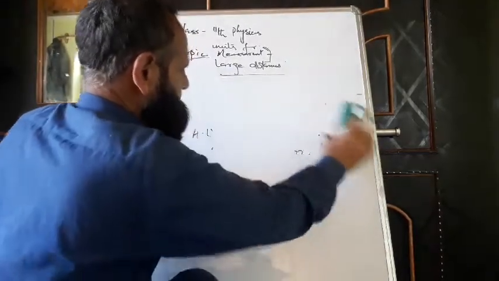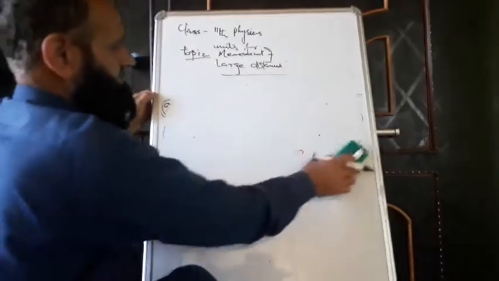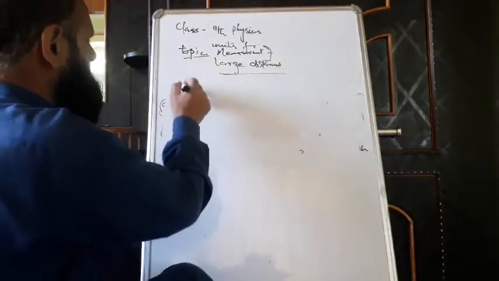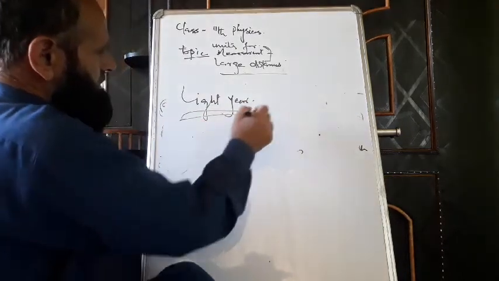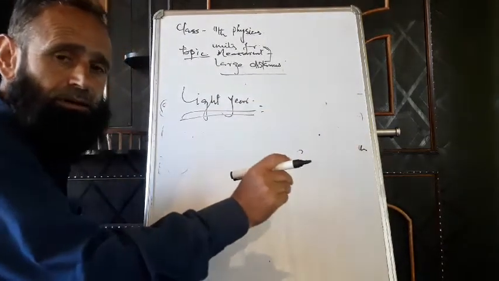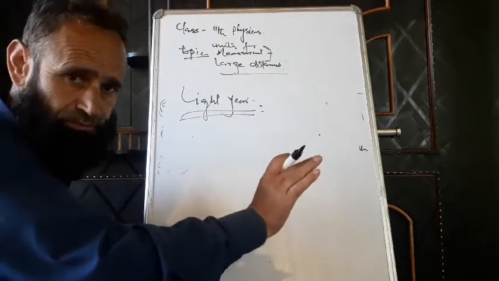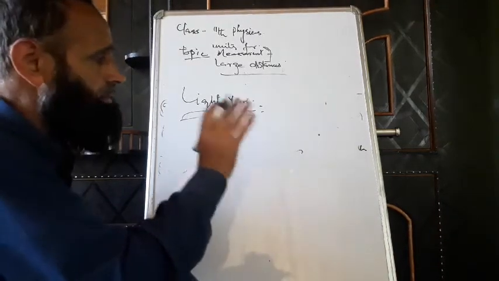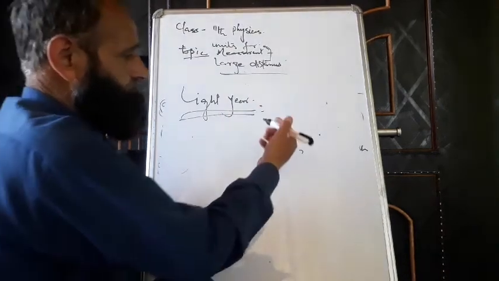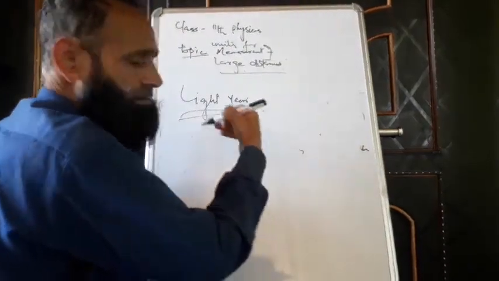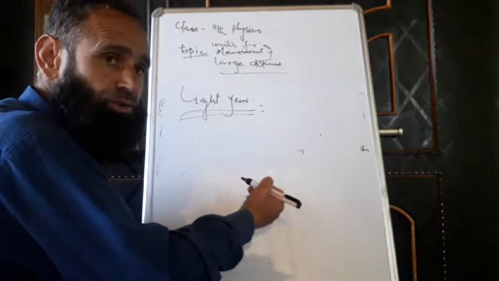Light year. What is a light year? We must know what a light year is. It is the total distance covered by light in vacuum during 1 year.